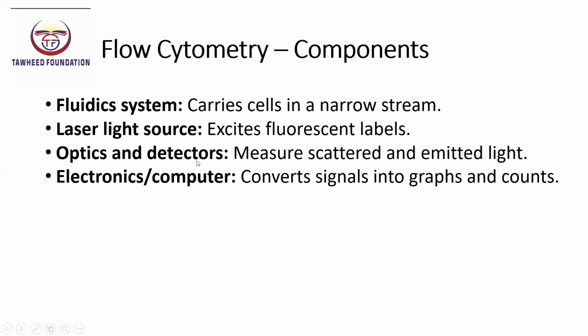Optics and detectors measure light scatter and fluorescent emission, while the electronics and computer system process these signals into interpretable data. The integration of these components enables high throughput, precise analysis of thousands of individual cells per second.